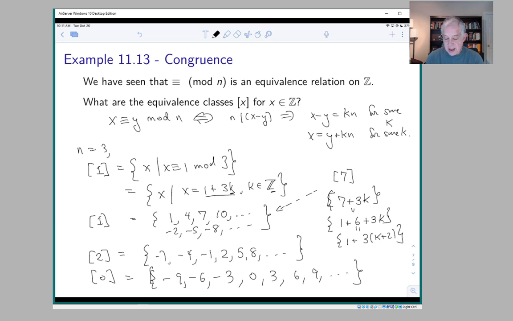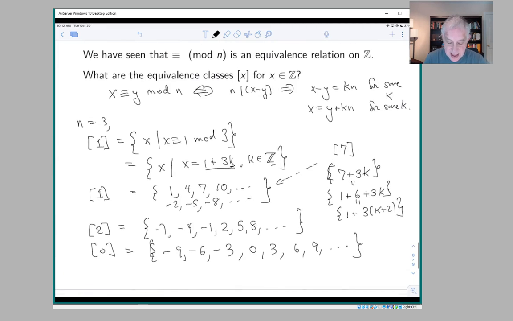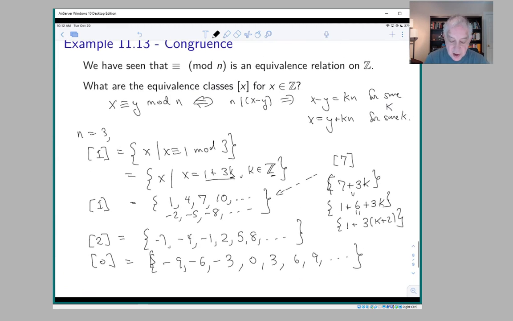So as k runs through Z, k plus 2 runs through Z, and so you're going to get exactly the same set. So the equivalence classes under congruence are the arithmetic progressions where the step size is n.